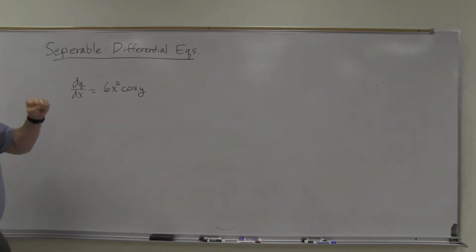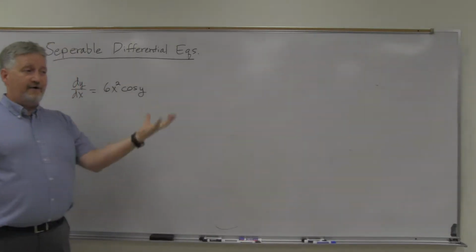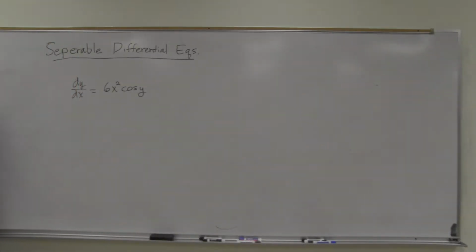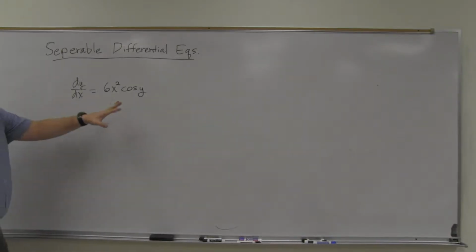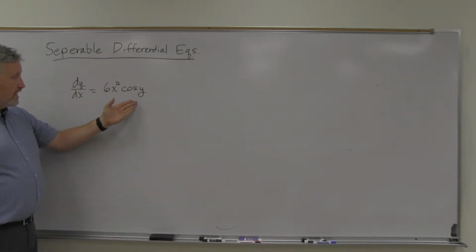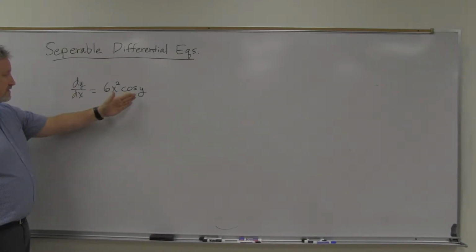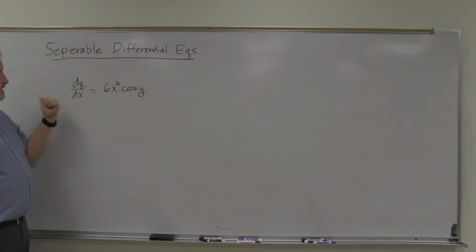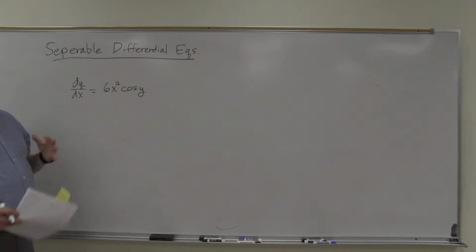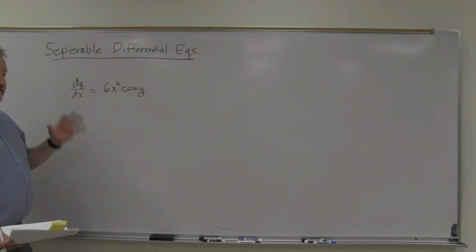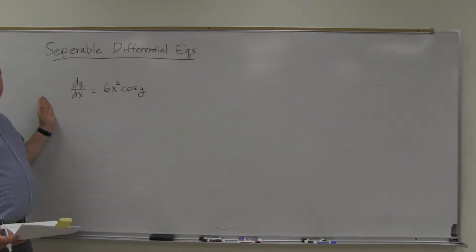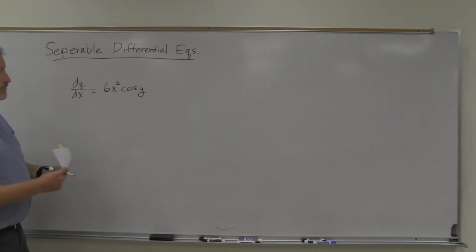Because we're going to want to separate the x's from the y's, meaning that not only the y's, but the dy's, and not only the x's, dx's as well. So I want to get the dy and the cosine y on this side, and then the 6x squared dx on the other side. If I can do that, if I get the x's on one side, the y's on the other, it's called separable.